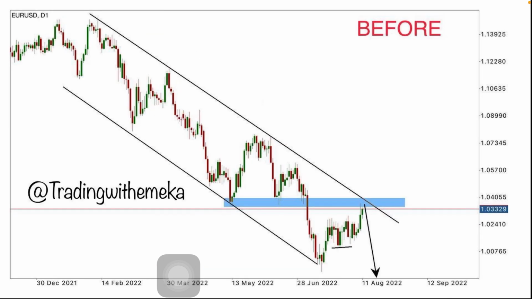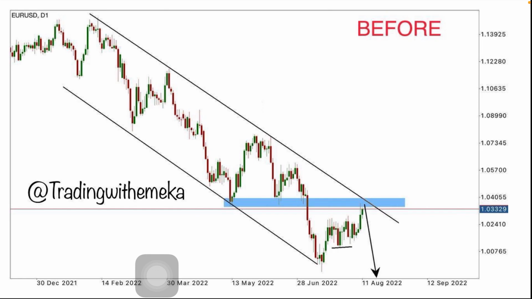Okay, let's see a trade I actually marked out. Look at this trade on Euro USD. This was in August. I published this in our Telegram group. This was a structural level on the Euro USD D1 time frame in August 2022.